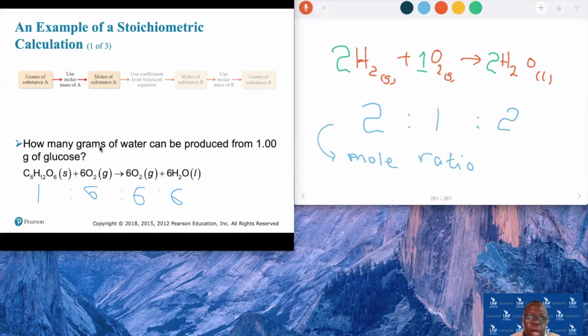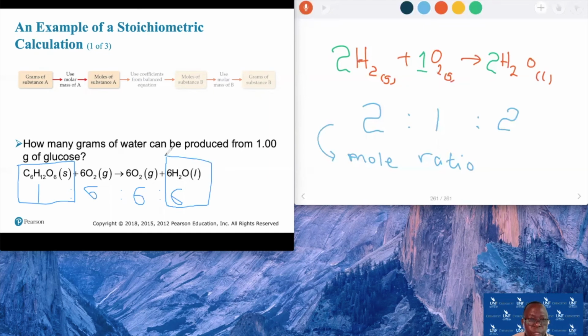Now, how many grams of water can be produced from 1.00 grams of glucose? In 3 significant figures, the fact that we have 1.00, 3 significant. So here is our focus: the glucose here and liquid H2O here.